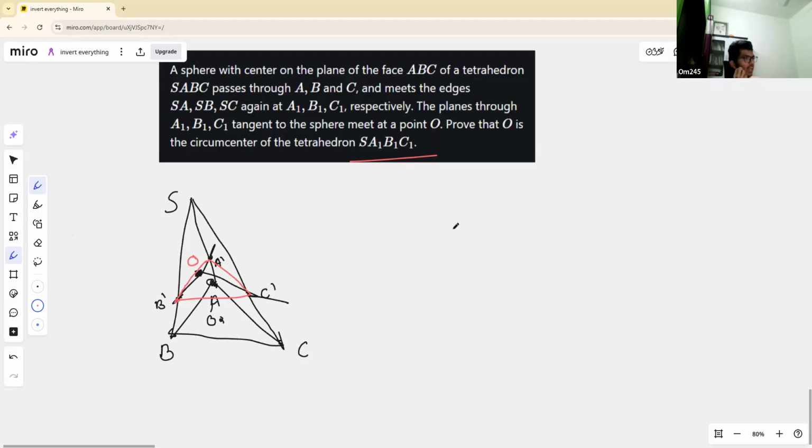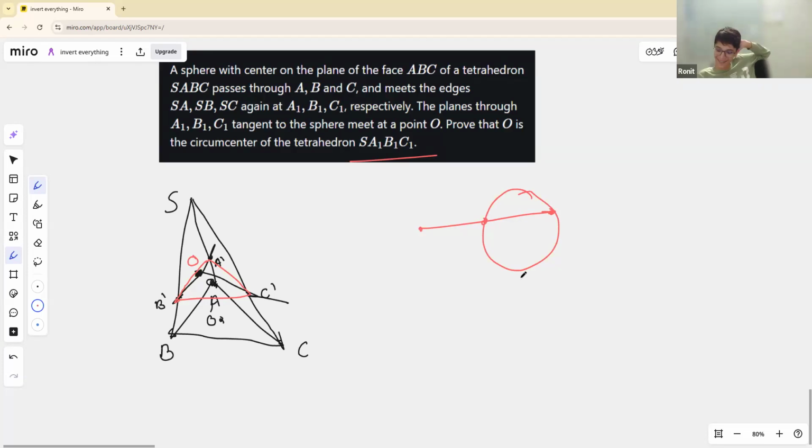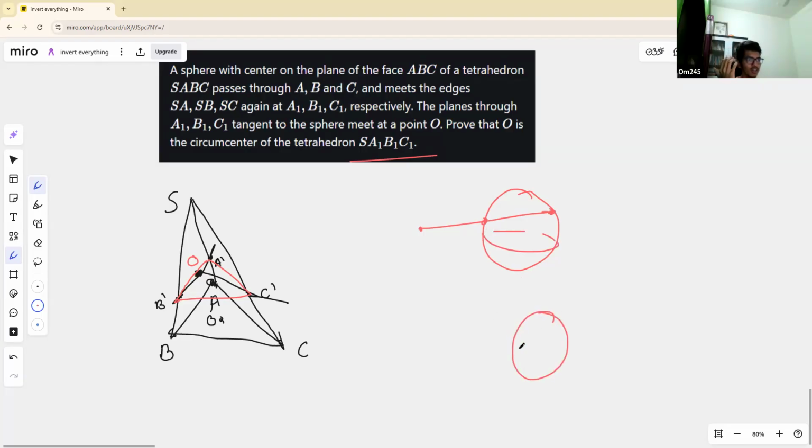So the way you go with it is like what you do in 2D, your power of a point, right? That's what you basically use in inversion. What do you think about this? How will power of a point work in 3D? It's basically the same. You can work with power of a point with respect to a sphere.